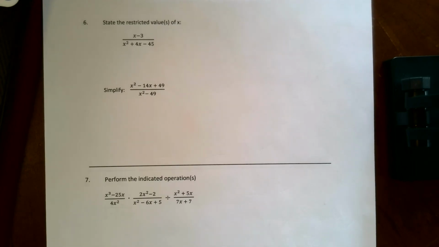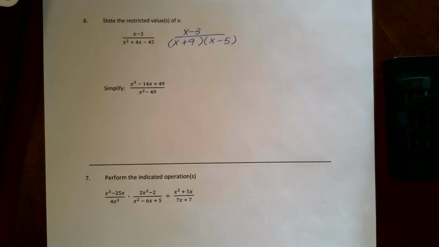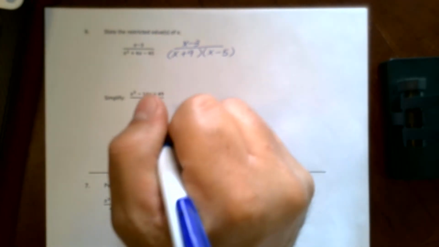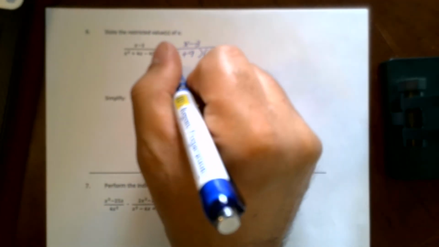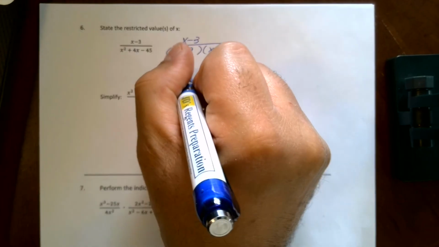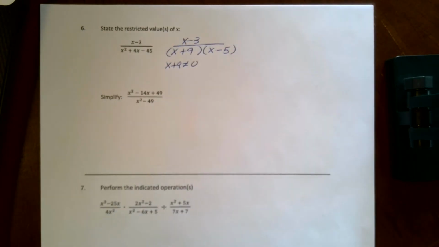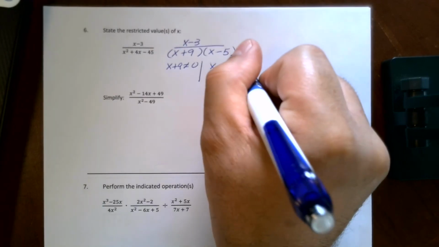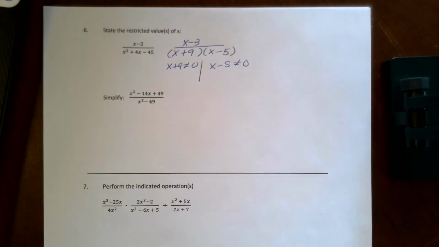Here you're asked to state the restrictions. So we want to factor the denominator. Once we factor the denominator, since these are restricted values, neither of these could be equal to 0. So we could create a statement saying x plus 9 cannot equal 0. x minus 5 cannot equal 0.